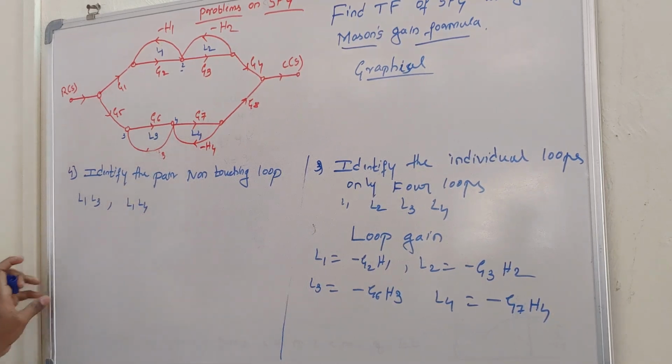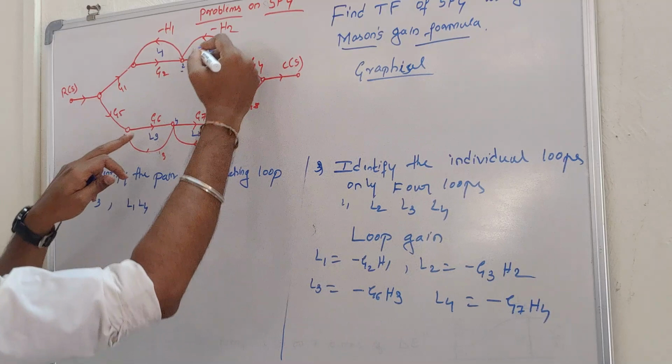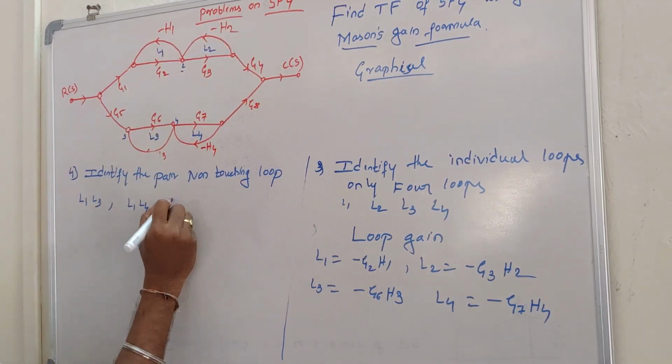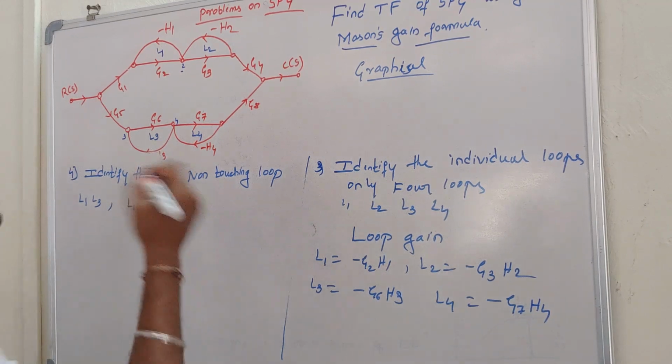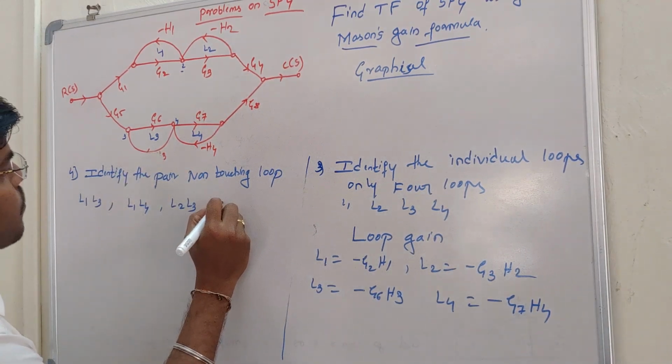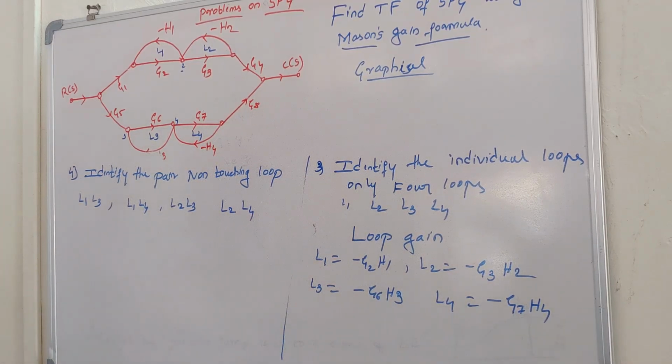Those two loops will not share a common node. Next, can I combine L2 and L3? That is also a possible combination, and they won't share any common node. The last combination is L2, L4. Hence there are four combinations of non-touching loops taken two at a time.